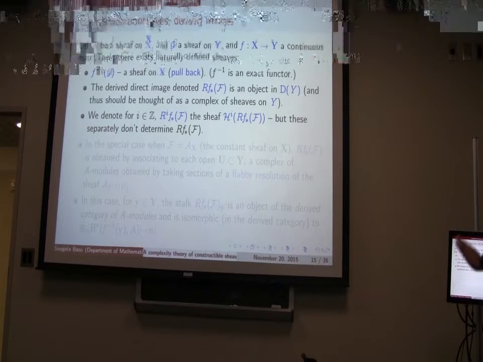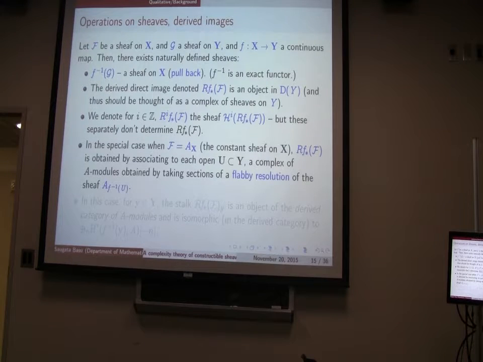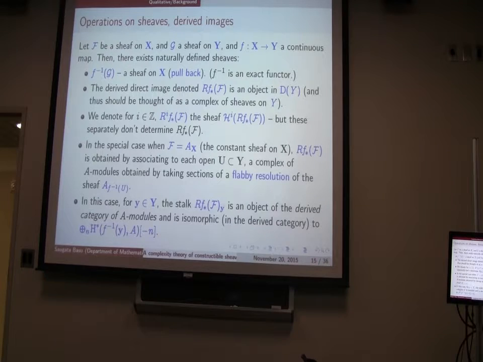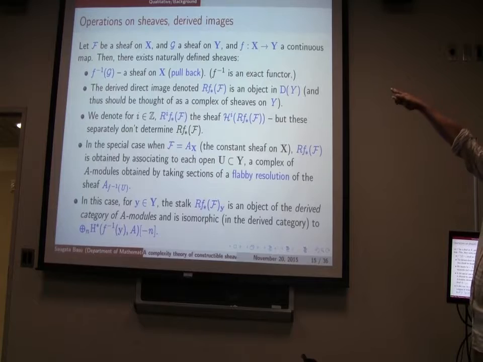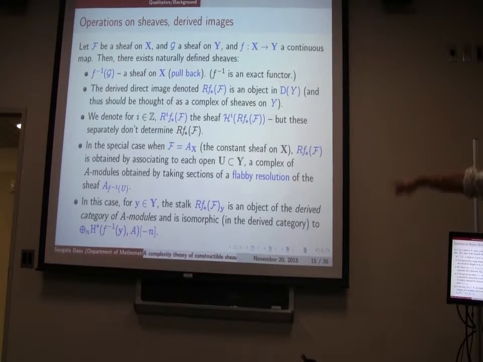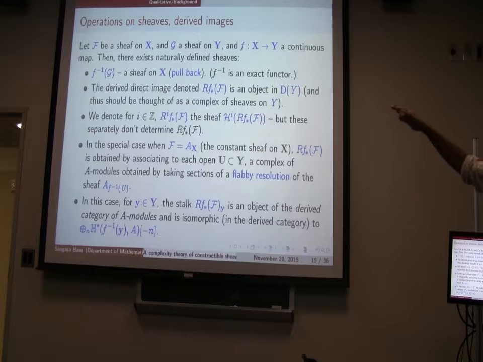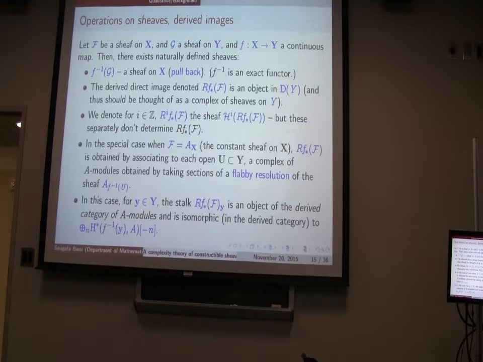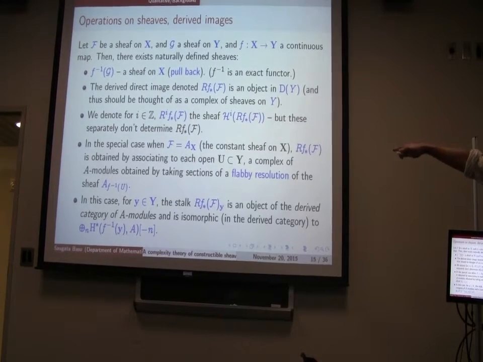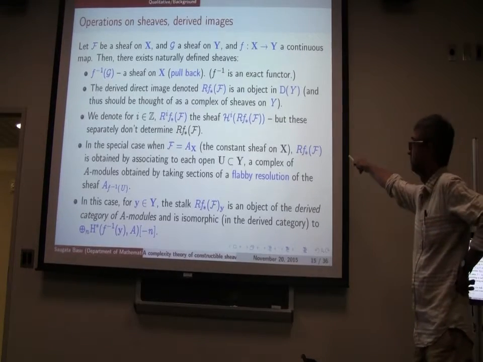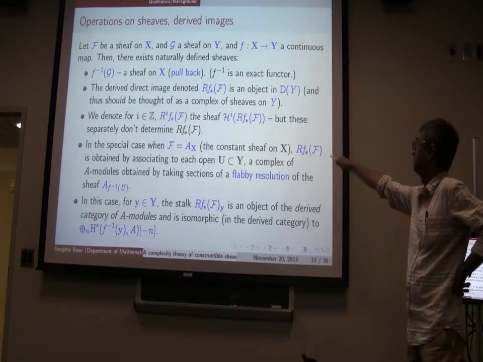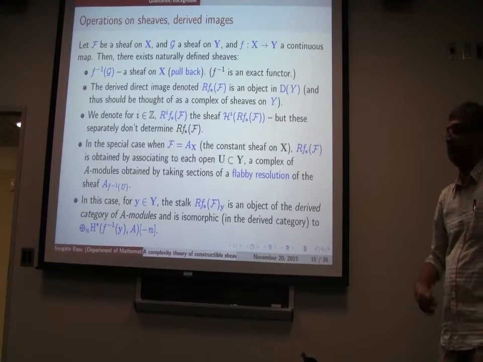So the special case, if you want to go back to Tarski-Seidenberg, is what is motivating. Suppose you have, let's think of F as a polynomial map from X to Y, and take the constant sheaf on X. You look at its direct image functor to get a sheaf on Y. But what is this sheaf?